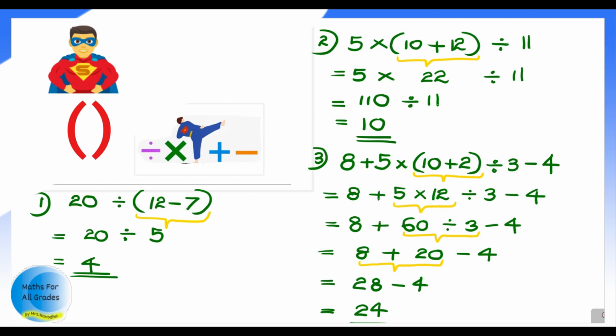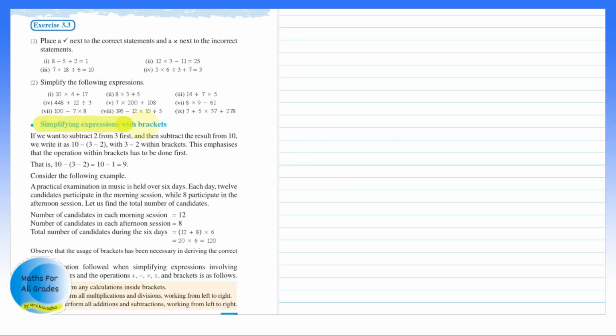Now let's get back to the textbook. Simplifying expressions with brackets. Here they explain why we use brackets with an example. Let's see. A practical examination in music is held over 6 days. Each day, 12 candidates participate in the morning session, while 8 participate in the afternoon session.